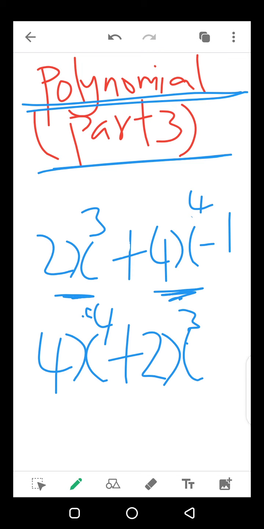So we are going to have plus 0x raised to power 2, then minus 1. This is very, very important if you are doing division with polynomials, especially if you want to solve advanced polynomials.